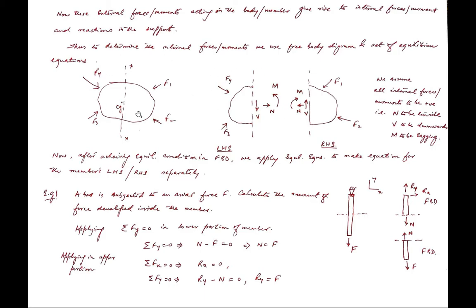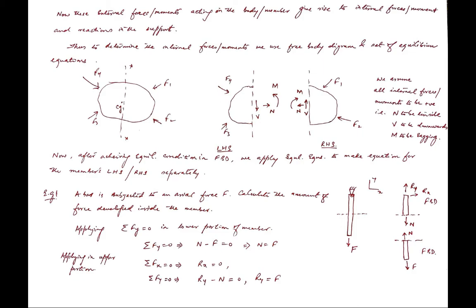So you can see over here this body, and some forces are acting on it. If you want to calculate internal forces inside the body, at any particular point or any particular cross section, how will you calculate the forces or moments acting on that cross section?